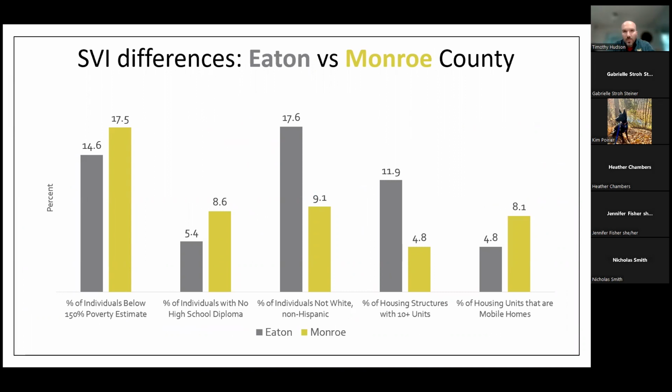So going through some of these key indicators we pulled out, comparing the two counties, we see that Monroe County actually has a greater proportion of individuals who are living below the poverty estimate and more individuals with no high school diploma. But Eaton County has more individuals who are not white, non-Hispanic. And then we see some housing structure differences as well.